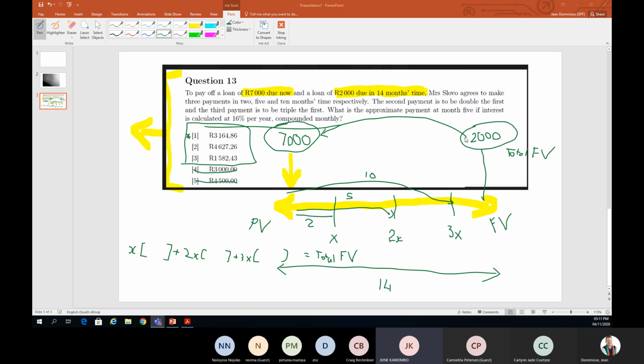But you cannot add money values at different time periods together because of the time value of money. You must first move all values to the same date. We use the date specified in the question, namely month 5, as the comparison date. First, we calculate the value of each loan at month 5. We move 7,000 from now.